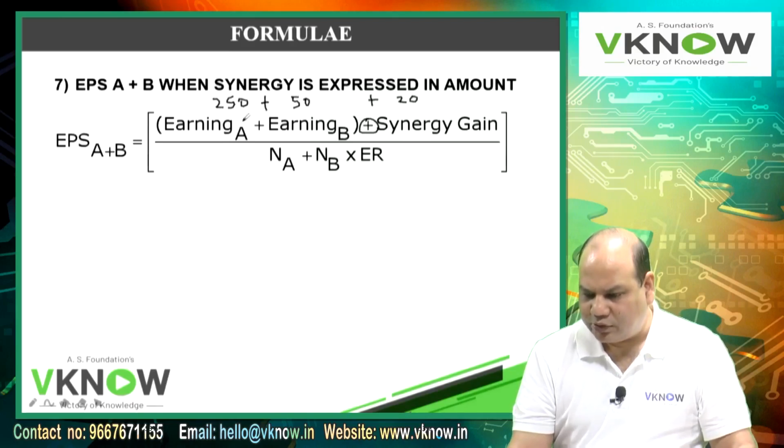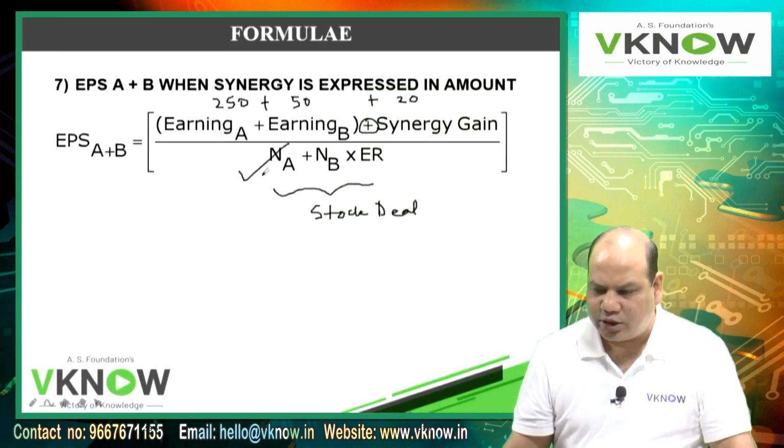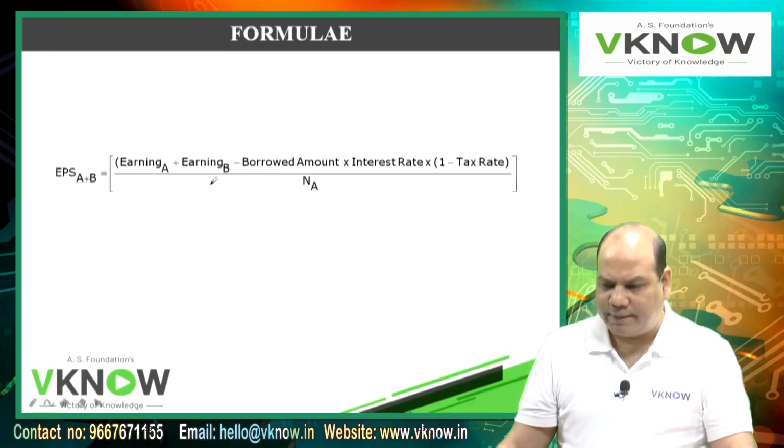Then in that case my total earnings will be 250 plus 50 plus 20 divided by number of shares of A plus number of shares of B into exchange ratio. This formula is to be used in case of stock deal, the denominator. In case of cash deal, only write number of shares of A.